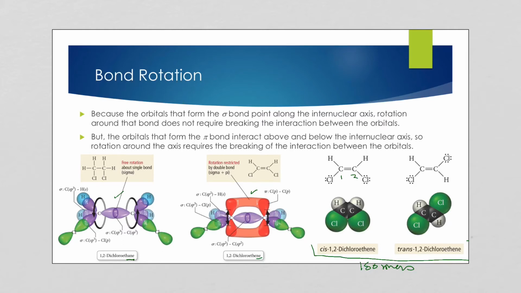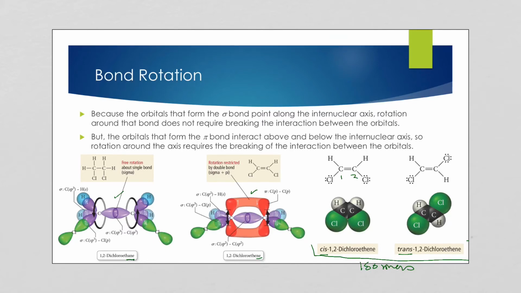So in terms of the 1,2-dichloroethene, we can either have the chlorines both on the same side of the molecule or on opposite sides, and these are called cis for the same and trans for the opposite. And these molecules are going to be different molecules, right? They're going to have different physical and chemical properties. They may behave differently. And so having these double bonds leads to the formation of isomers, or different forms of the molecule.